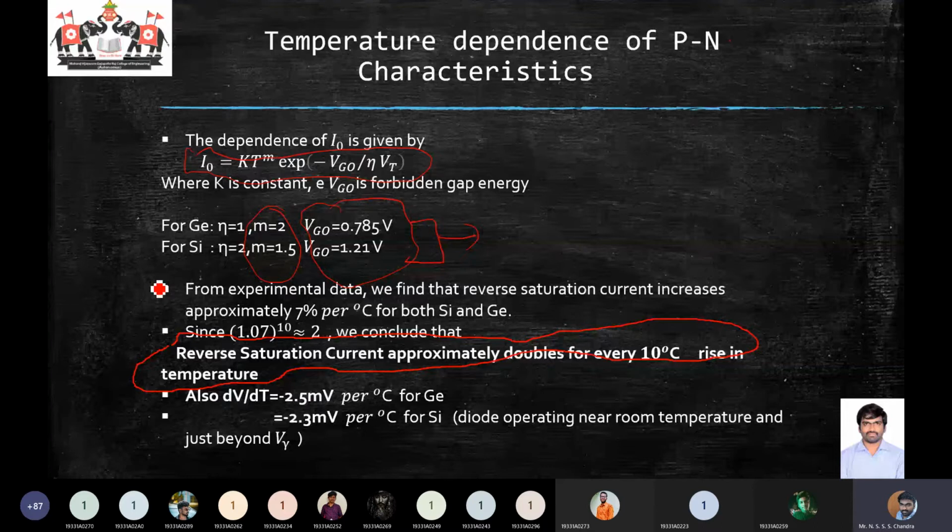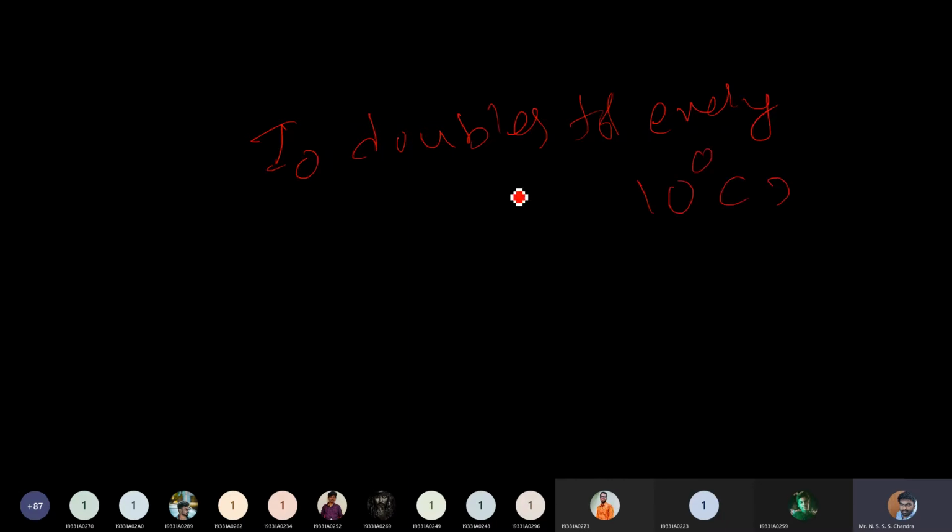This statement you should remember: I naught doubles for every 10-degree rise in temperature. This statement is very much important.